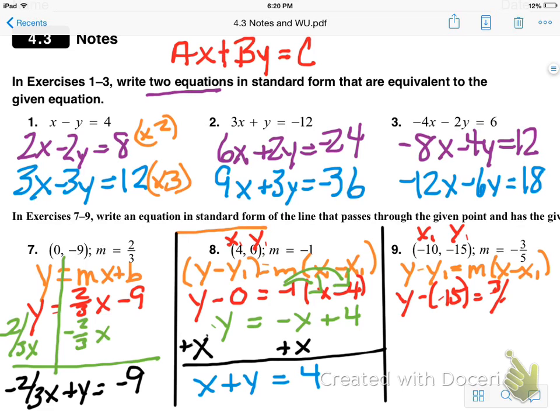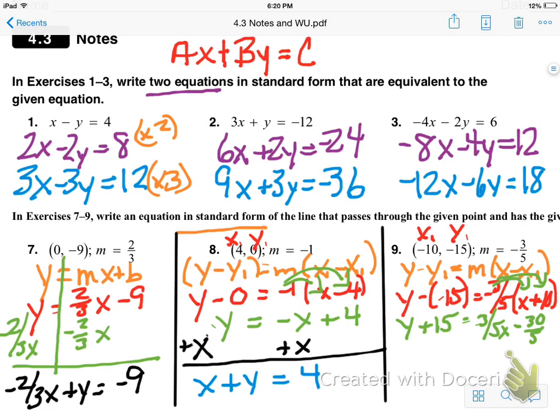I've got negative 3/5 times x minus a negative 10, so that's going to make it a positive 10. I'm running out of room. So I've got y plus 15. If I distribute, then I have a negative 3/5 x minus, let's see, negative 3/5 times 10 is a negative 30/5.